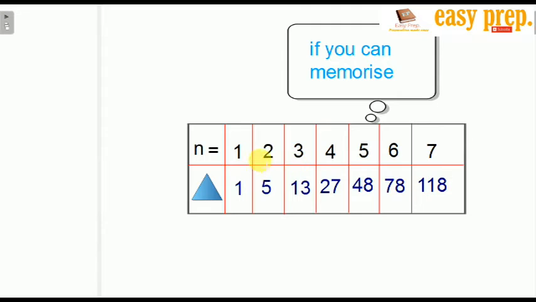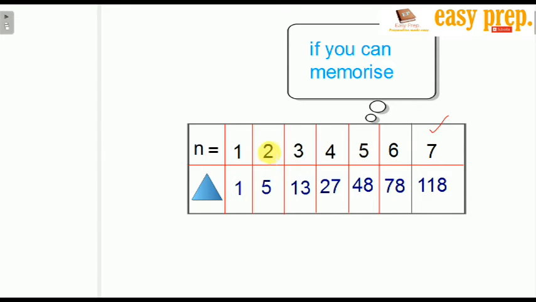So up max they can ask only up to 7, friends. Okay, base triangles will be 7. So for this number of bases there will be these many number of triangles in that figure, friends. Okay, so if n equal to 1, there will be only one triangle.